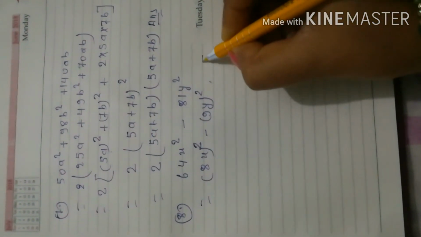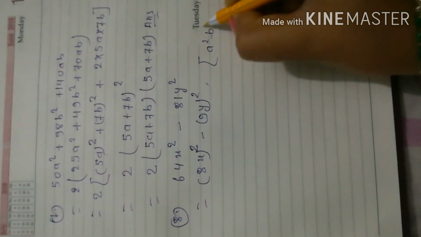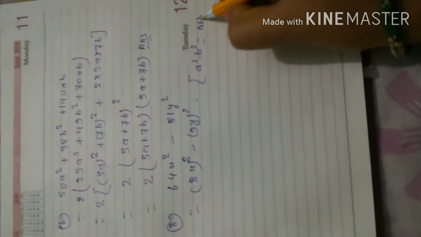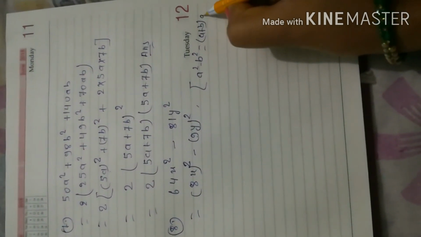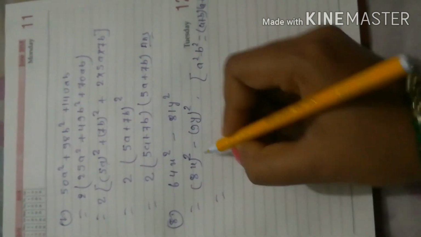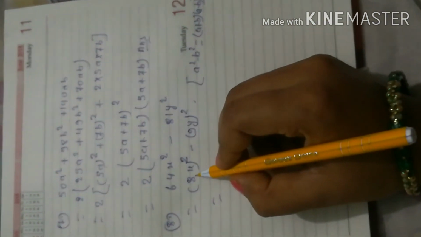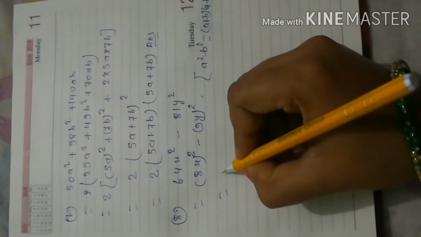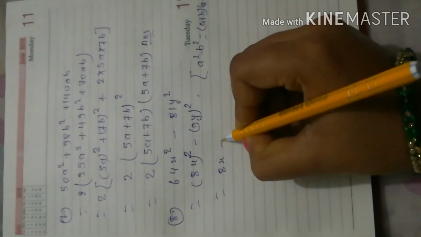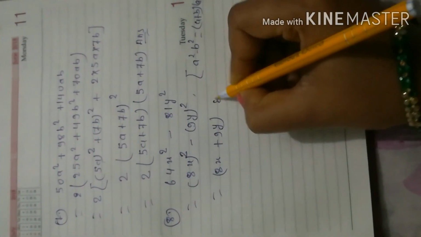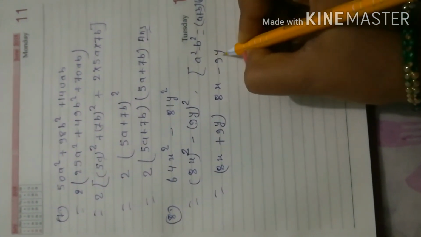Here we can use the identity a square minus b square equals (a plus b) into (a minus b). So we can write at the place of a here is given 8x and at the place of b here is given 9y. So we can write (8x plus 9y) into (8x minus 9y).